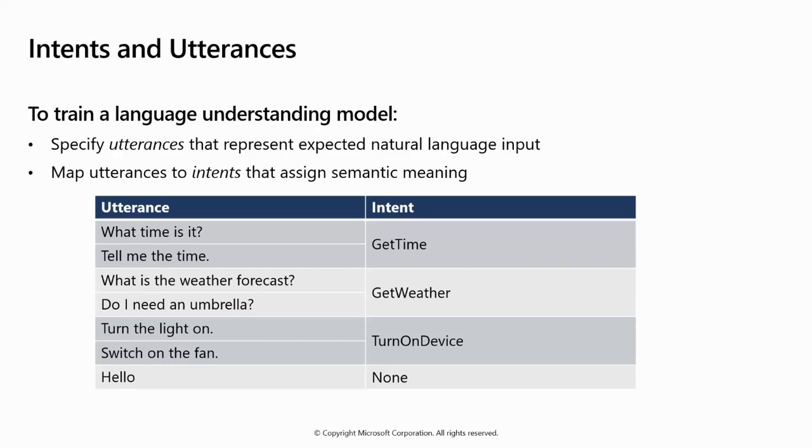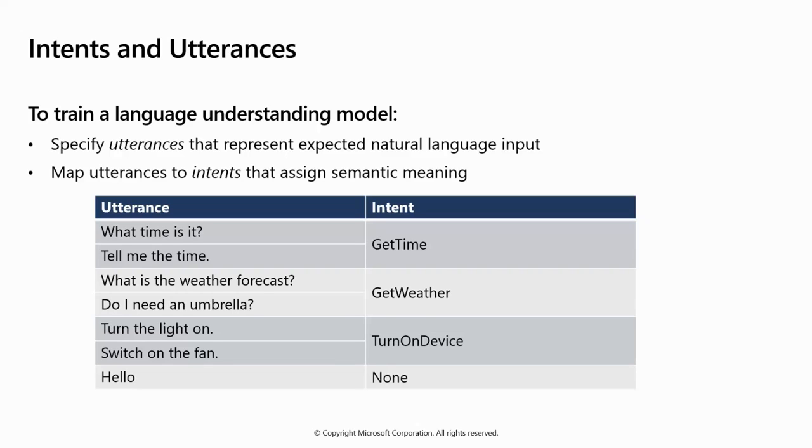Okay, now let's continue to talk about the intents and utterances. Well, now the utterances are words or phrases a user might type into an app that uses your language understanding model. And the intent is a task or an action that the user wants to do, or the meaning of the word or phrase.